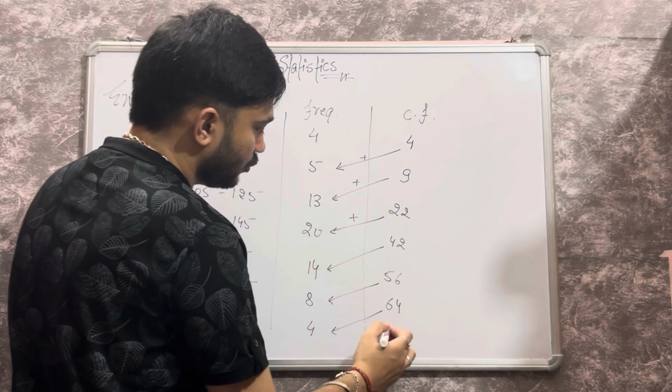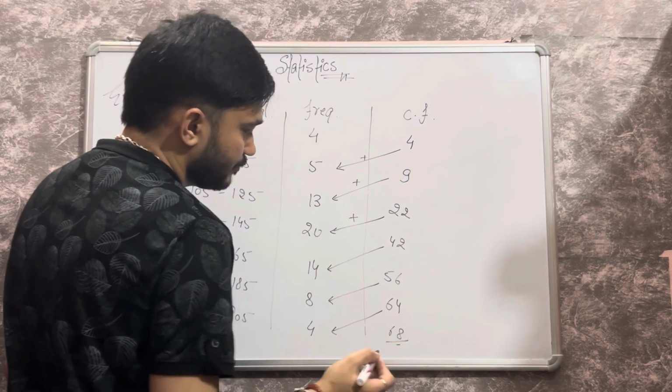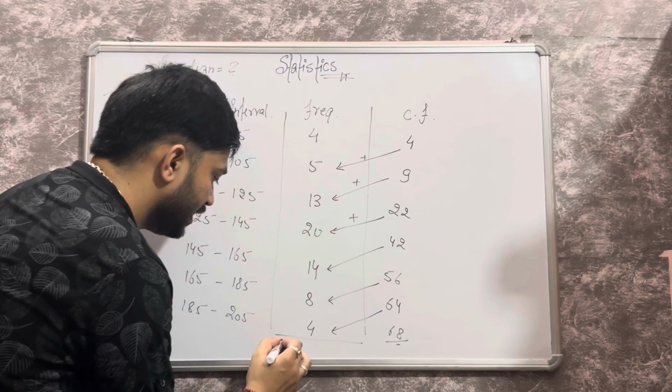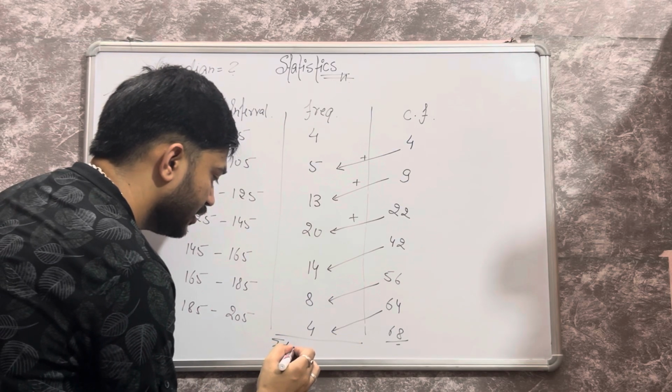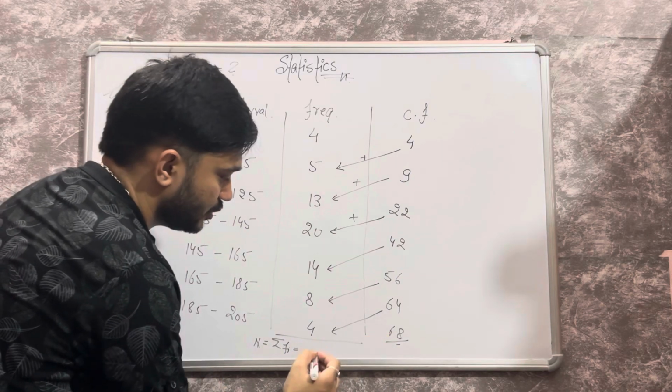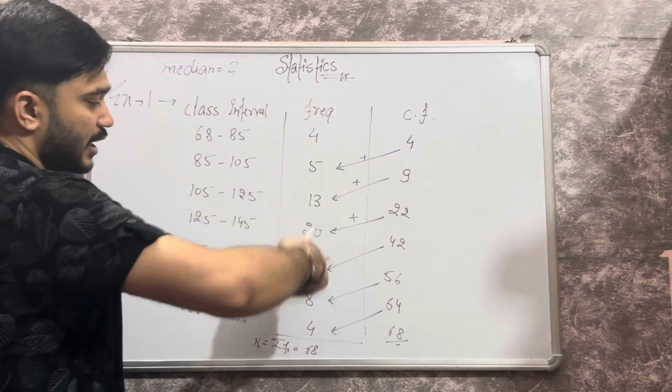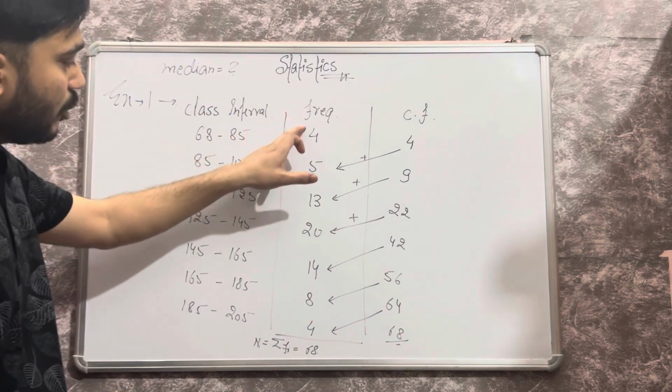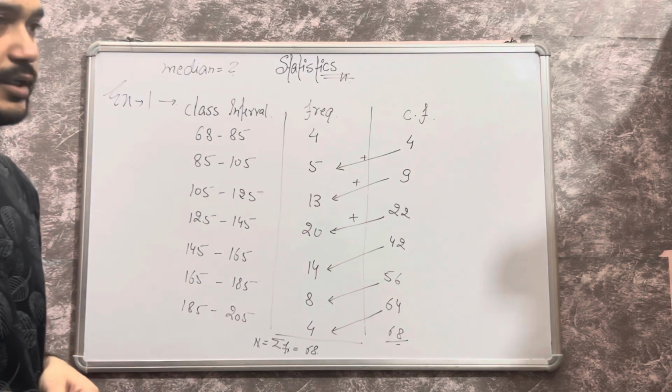And 64 plus 4 is 68. Always remember that the summation of Fi, that is n, will be equal to this value, 68. You can calculate this by adding all the frequency values.